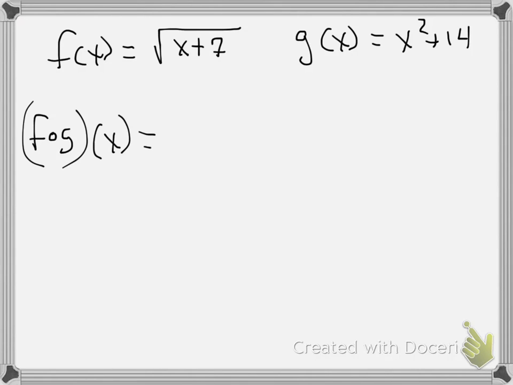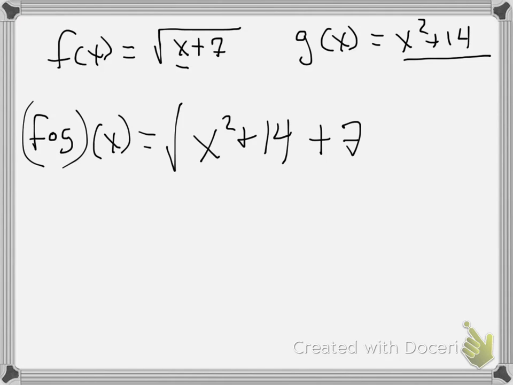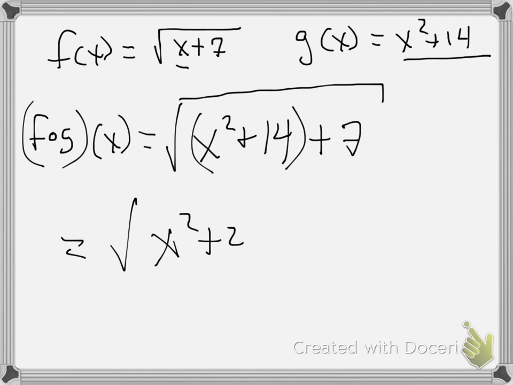Well, f of x is the square root of x plus 7, so I'm going to start out with the square root, but instead of x, I'm going to put what g equals, which is x squared plus 14, but then I've got to go plus 7. Right? X squared plus 14 takes the place of x, and it's the square root of all that, and this one is real easy to simplify. It becomes x squared plus 21, and the square root of that.